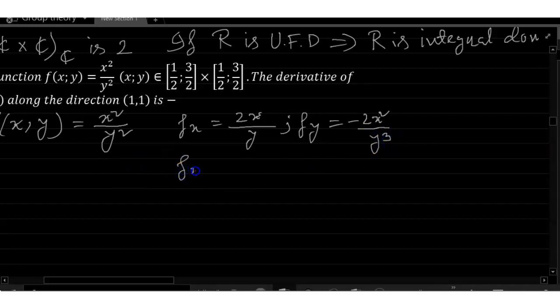So fx(1, 1) is equal to 2, and fy(1, 1) equals minus 2.